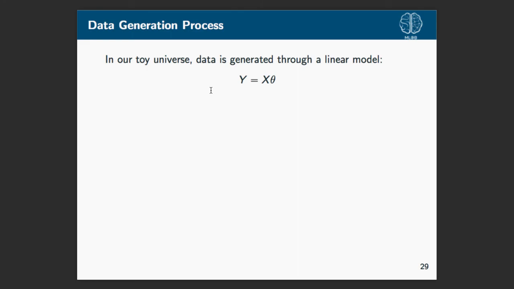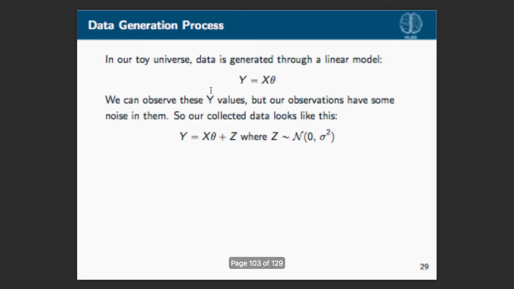Okay. So our toy universe creates this data through some process. We observe the y values, and we observe the x, but our observations have some noise in them. We can't directly observe the true x and y. Our observations have some noise. We're limited in some capacity.